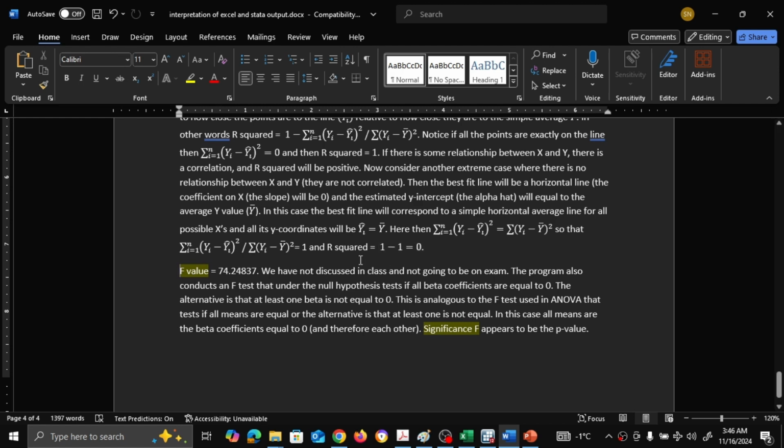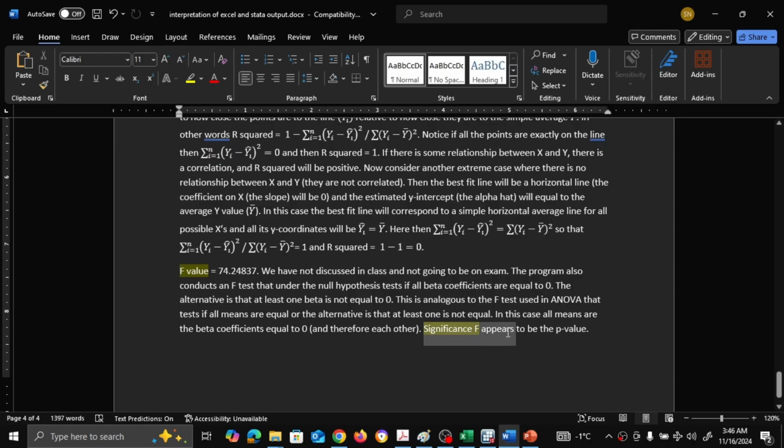We have not discussed it in class, and it's not going to be on the exam. The program computes an f test, an f value, under the null hypothesis that all beta coefficients are equal to 0. The alternative is that at least one beta is not equal to 0. This is similar to the f test in the ANOVA that tests if all means are equal.